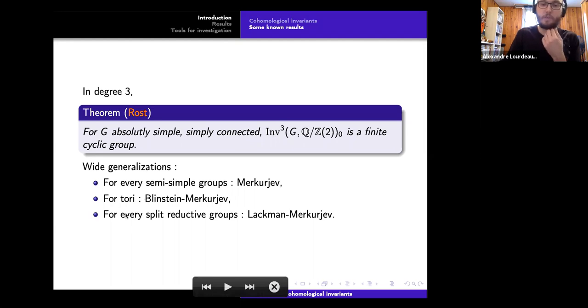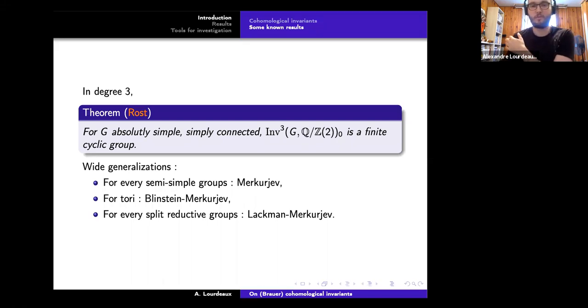And for every split reductive group, there is a generalization by Lachman-Merkurjev, and these generalizations have pretty much all the same form. They put the degree 3 invariant in an exact sequence, and many terms of the sequence are very similar.